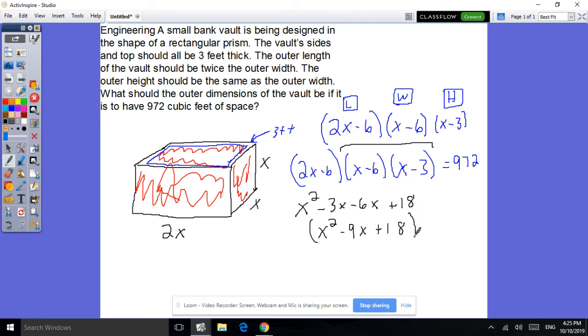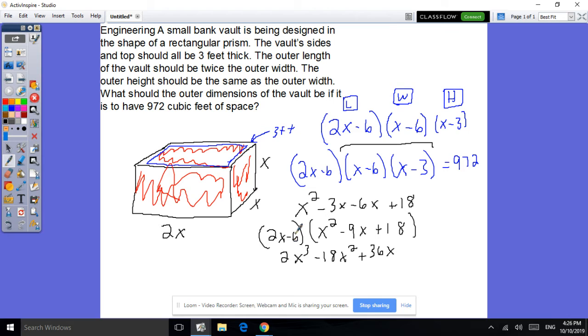Now I'm going to bring down my 2x minus 6. And I need to multiply this out. Still equal to 972. So now I want to distribute 2x times x squared. I wrote this out over here, just to make sure I'm not making any mistakes. That's 2x cubed. And then 2x times 9x, which is minus 18x squared. 2x times 18 plus 36x.